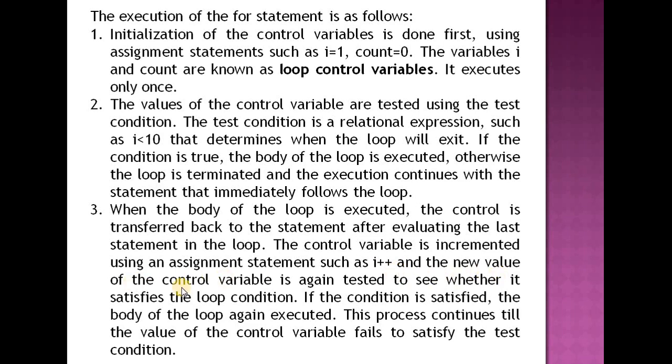The new value of the control variable is again tested to see whether it satisfies the loop condition. If the condition is satisfied, the body of the loop is executed again. This process continues till the value of the control variable fails to satisfy the test condition. So it is similar to while and do while. The only thing is we write all the three statements in one concise statement.